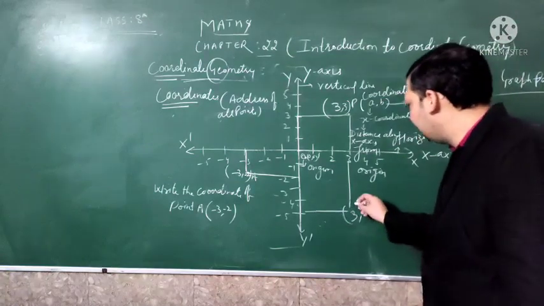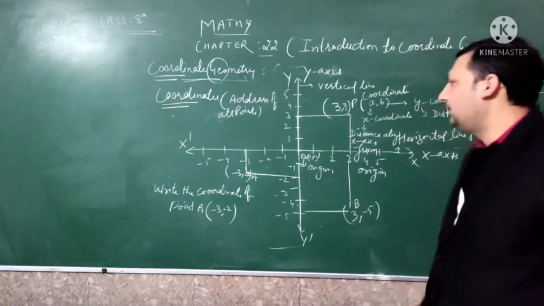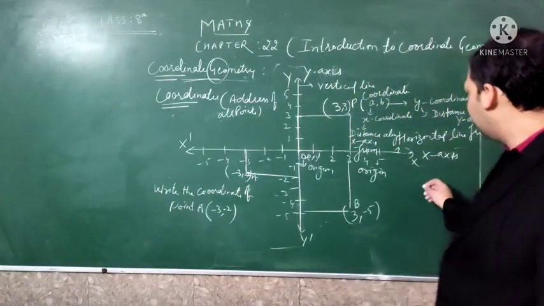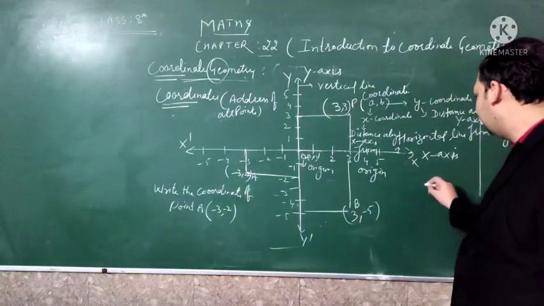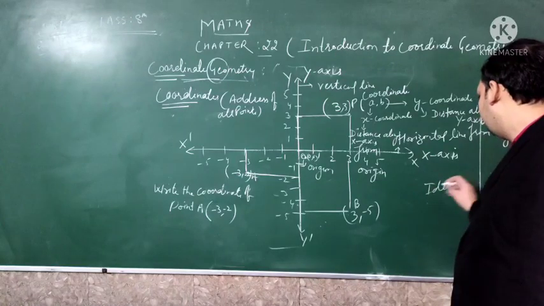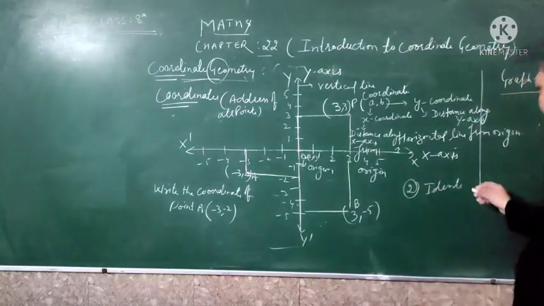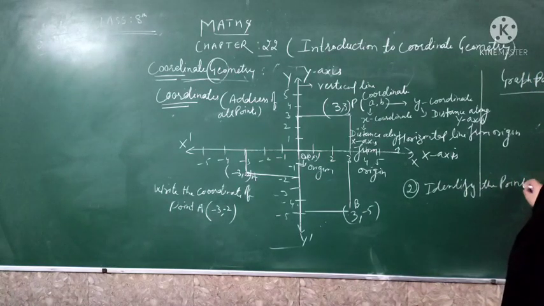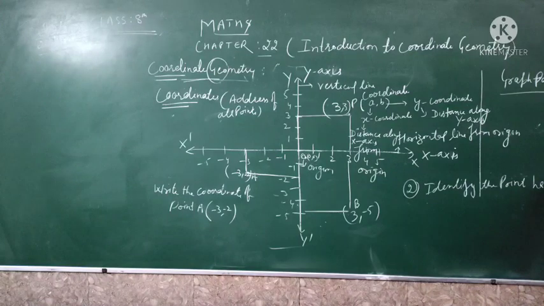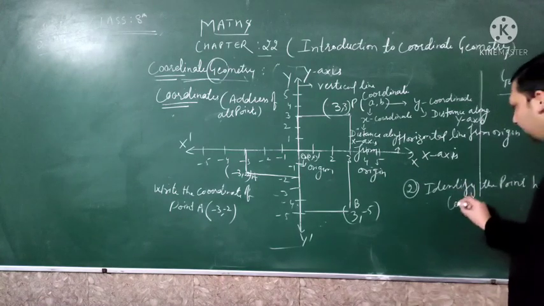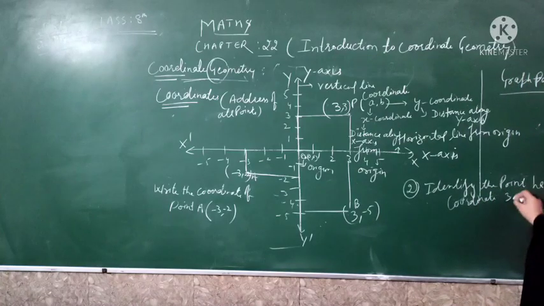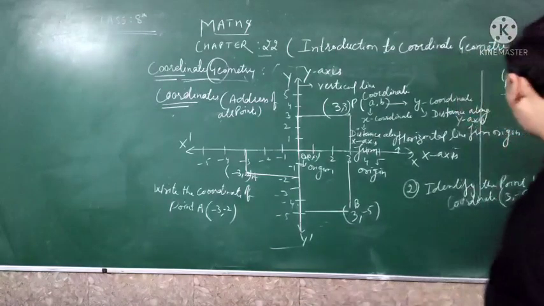That is the coordinate of point B. Next question: identify the point having coordinates (3, -5).